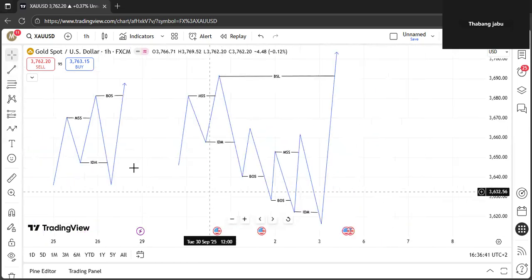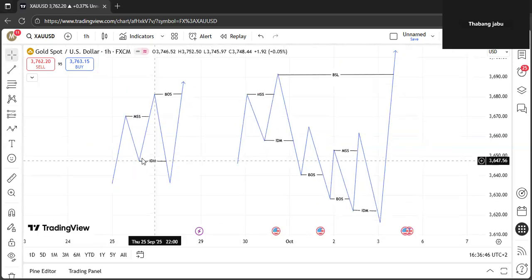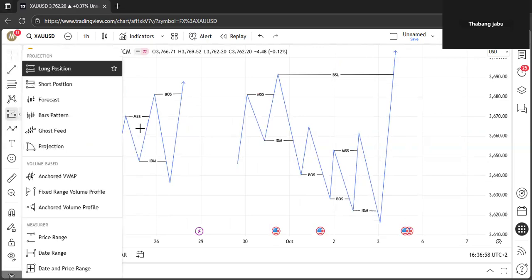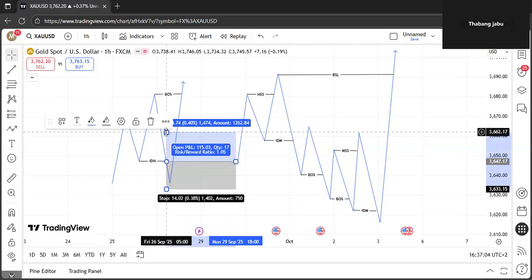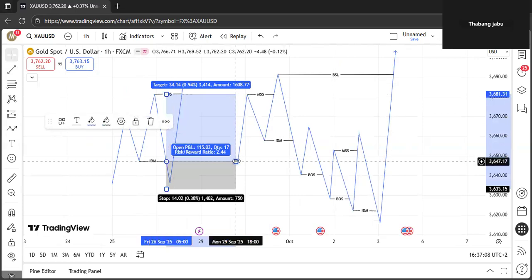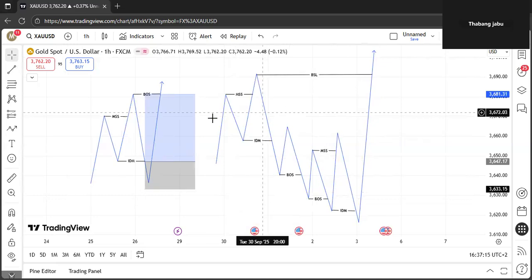So the difference between these structures is that after liquidity was taken, which is the inducement, which is liquidity near an order block, after the liquidity was swept, the market decided to go up and entertain our change of character. And then on the second one, it was different.